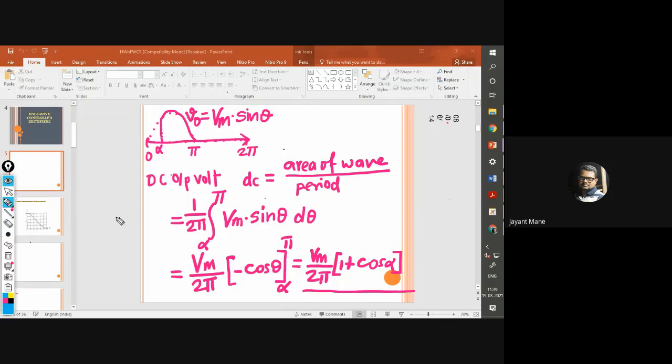So instead of DC output, now we have to write RMS output voltage, which will be VRMS.